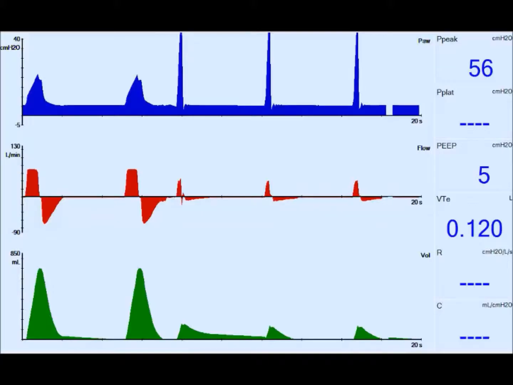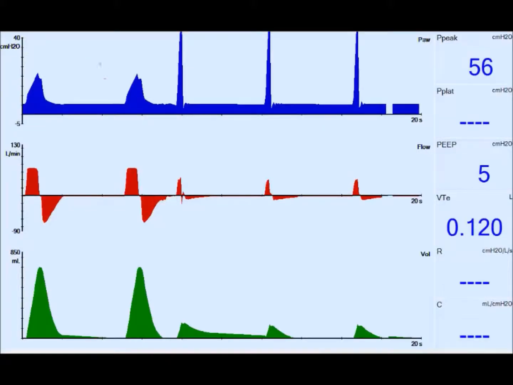And here's my example. So we can look at our waveforms. At the top of the screen you notice a blue waveform, which is my pressure waveform. This is volume control CMV with set point targeting, and it doesn't have the dual targeting aspect. So the patient's breathing, here's a breath here. Here's a breath here. And as you notice, we start to have some pressure overshoots.